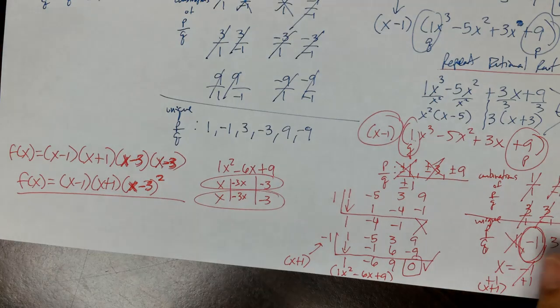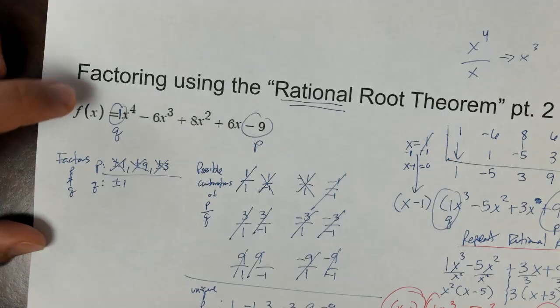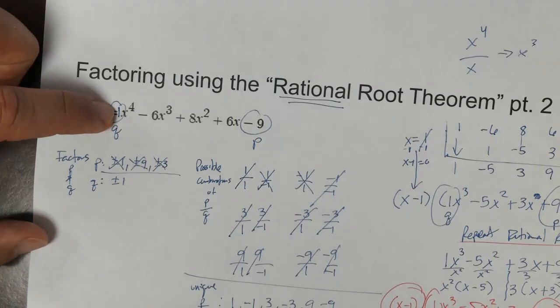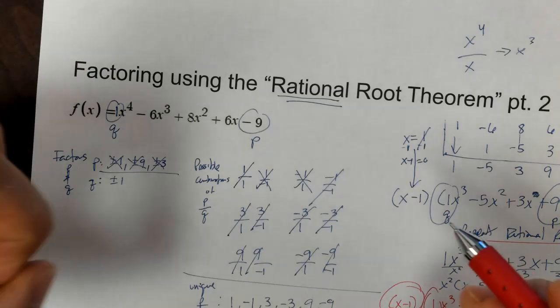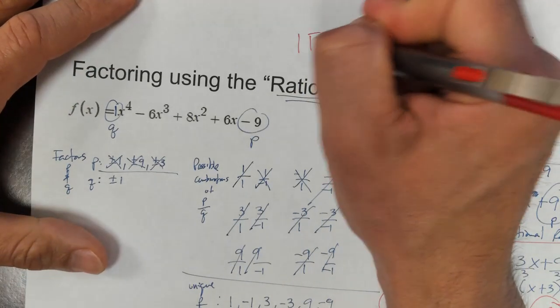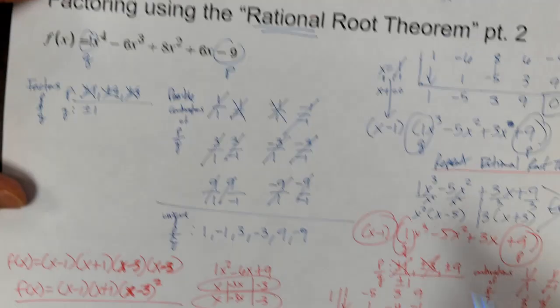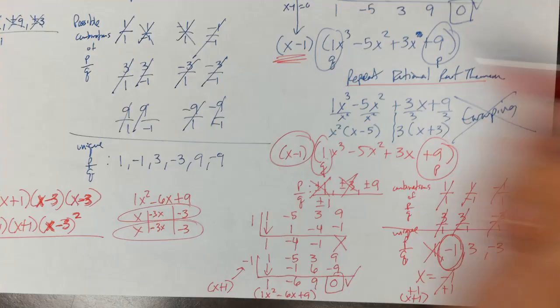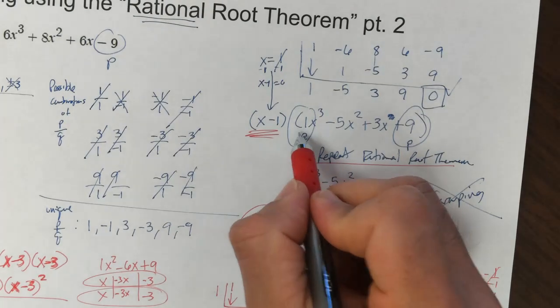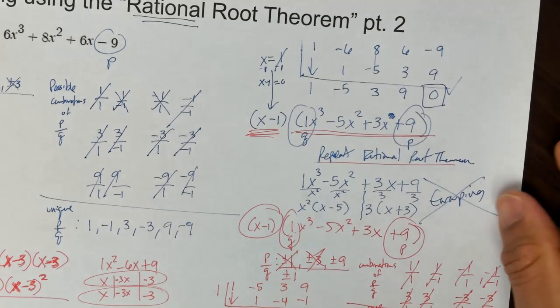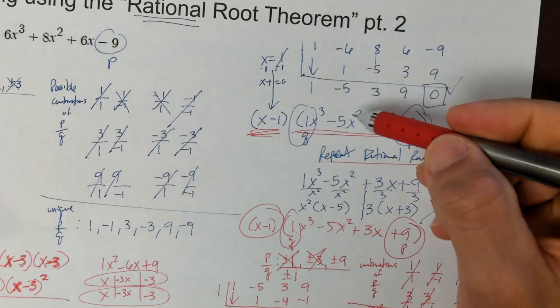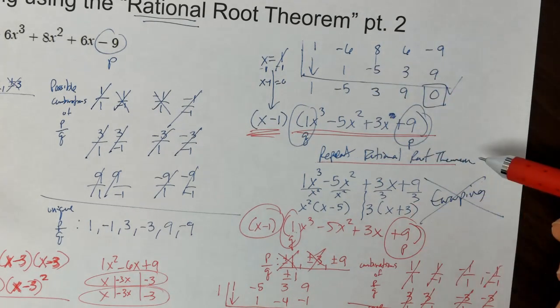All right. So what's the overall idea here? We start with any power that we have, and our goal is to first find one factor. We do the rational root theorem to find the one factor. Then we're left with a cubic in this scenario, and our goal is, can I factor that cubic using the rational root theorem?